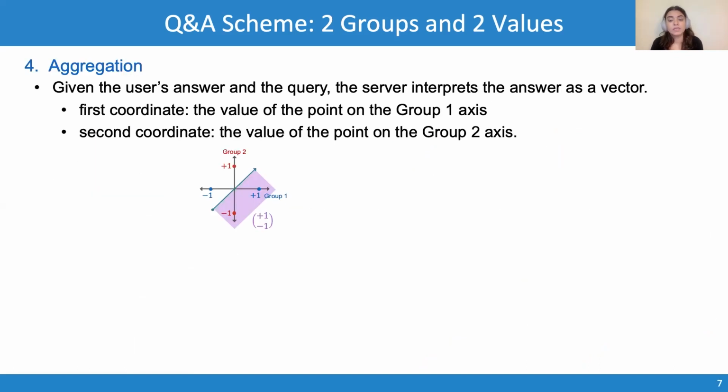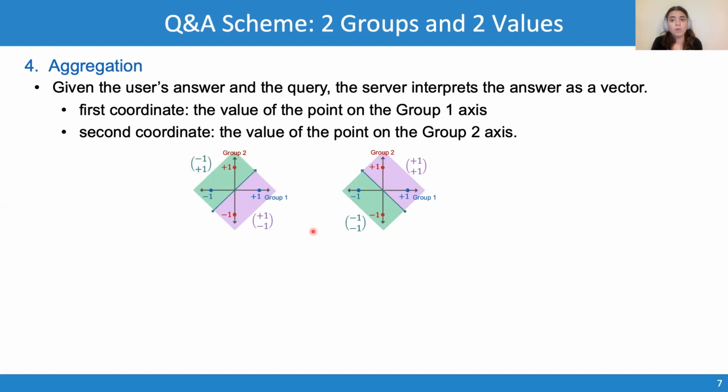Now that the server received the answer, let's talk about how he interprets it. Since the server knows the user's assigned query and he knows his answer, based on this figure over here, he interprets this answer as a two-dimensional vector, where the first coordinate corresponds to group 1 and the second coordinate corresponds to group 2.